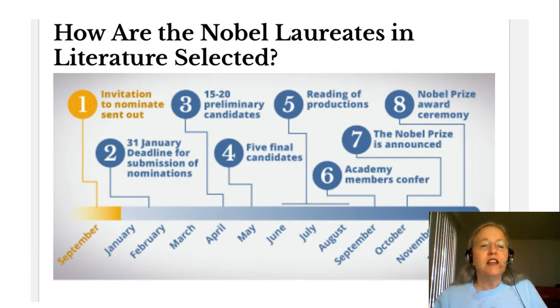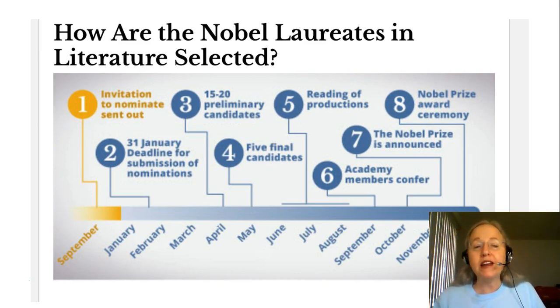As you can see, the invitation to nominate is sent out in September of each year. So it's a year-long process. The deadline for submitting nominations is the 31st of January. From that group of nominations, 15 to 20 preliminary candidates are chosen.